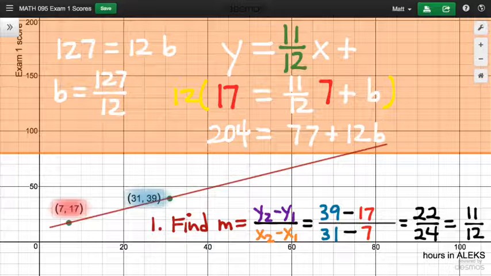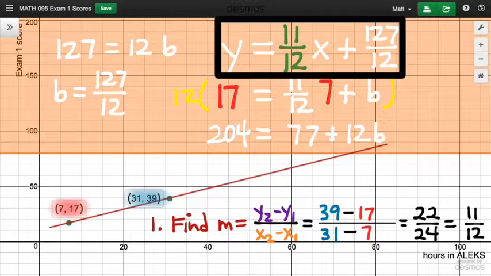All right, so big finish. I know I'm keeping you a couple minutes over here. y equals 11/12 x plus 127/12. And so that's our equation for this line. And so our last task was then to figure out how to use this equation to make the prediction.